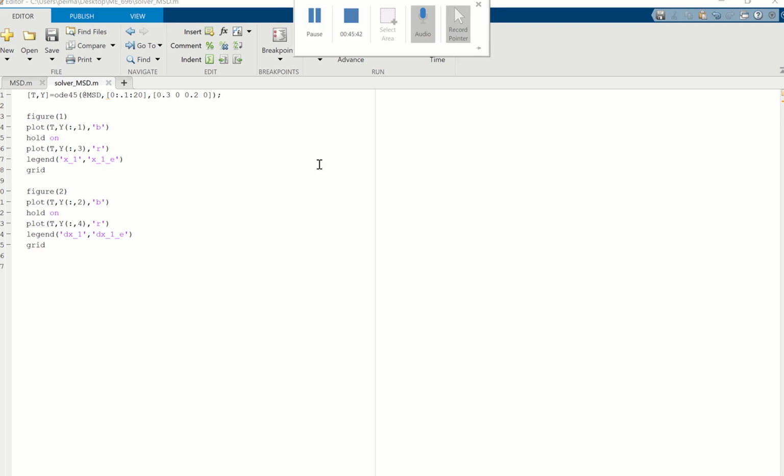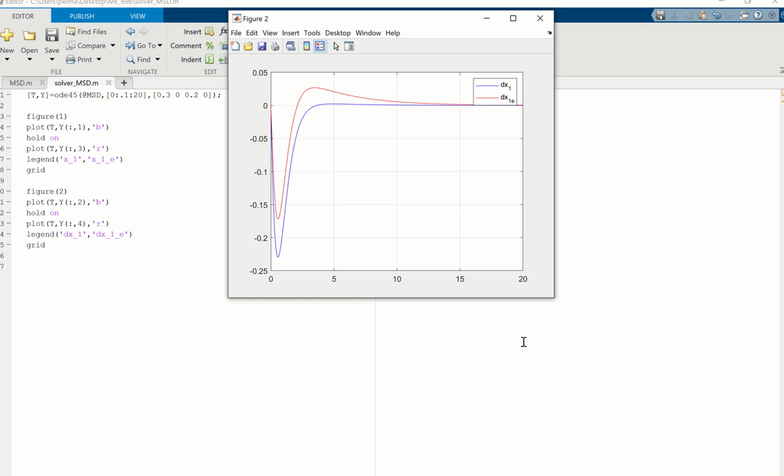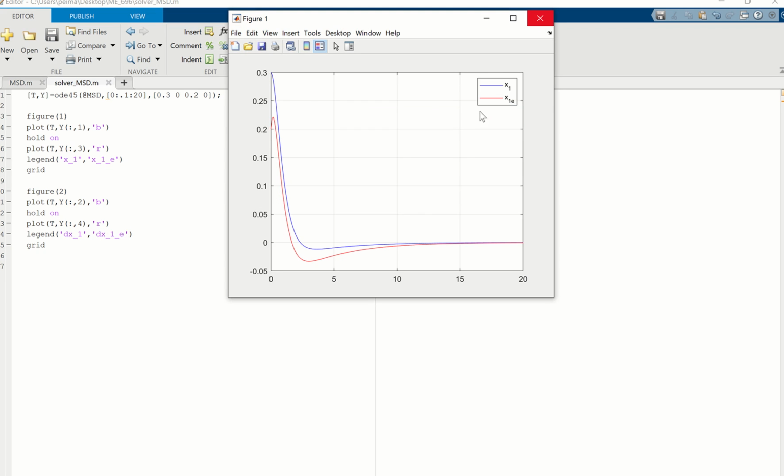Look at here. See, this is for the observer based velocity, this is for the real velocity. And this is for observer based position of the mass.